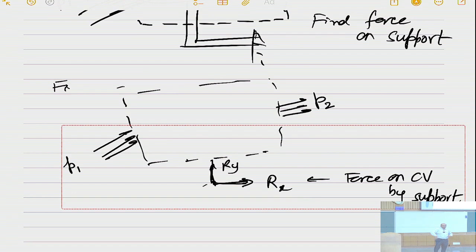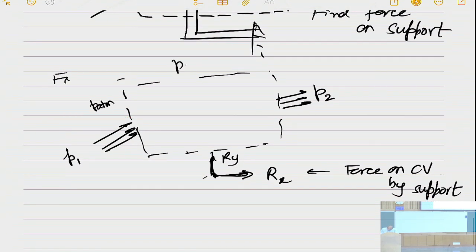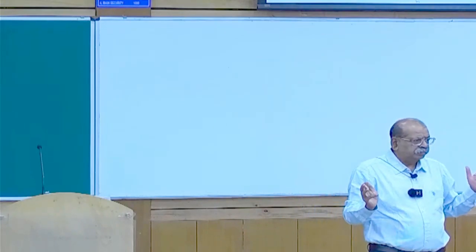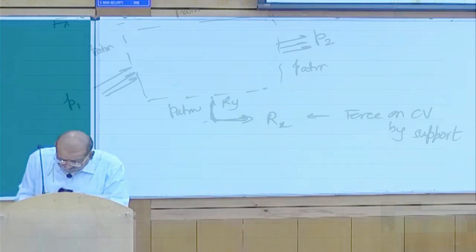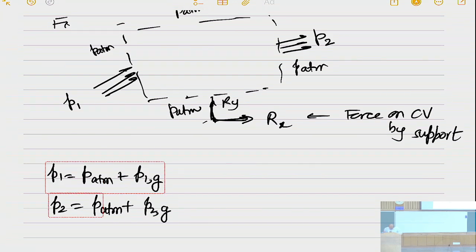Now, all around what is happening, this P1 is here, and P atmosphere is acting all around. Okay? So, what I can do is, I can write P1 is equal to P atmosphere plus P1 gauge, and P2 is equal to P atmosphere plus P2 gauge.